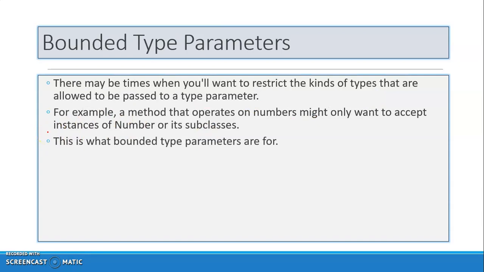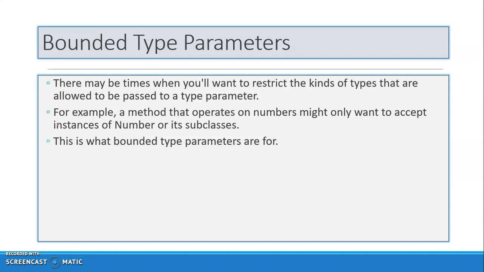So what are these bounded type parameters? There may be times when you want to restrict the kinds of types that are allowed to be passed with the type parameter. As I just stated, you may want a generic method that should be handling numbers only, so maybe float, integers, and double, and you don't want different copies, maybe in the form of overloaded methods, to handle integers, doubles, and floats.